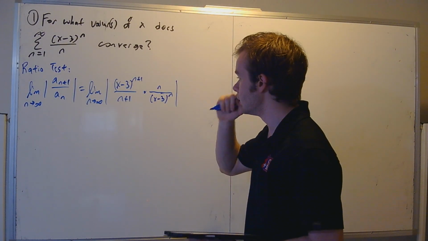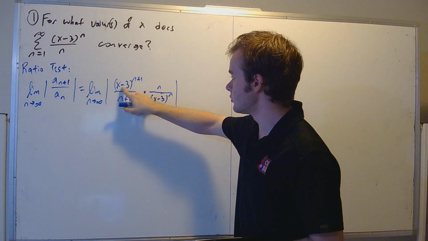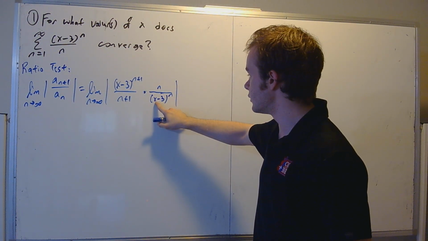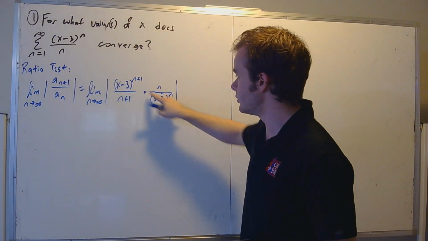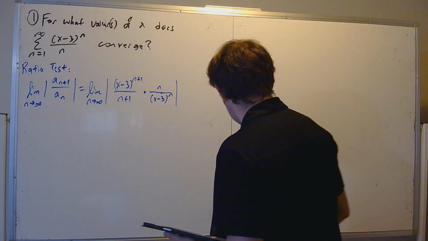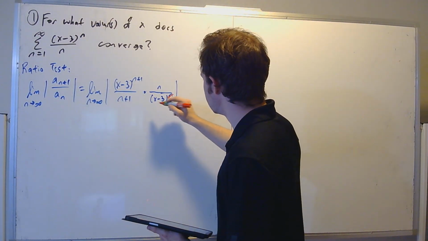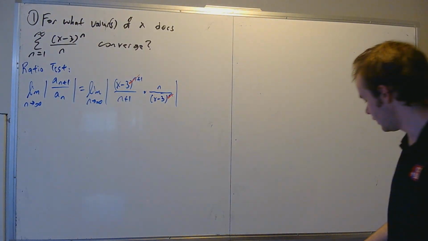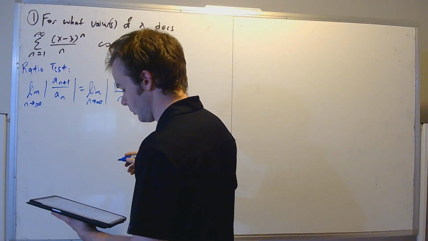And the key here is to always look for things that are going to cancel out. So this is x minus 3 multiplied by itself n plus 1 times, and this is x minus 3 multiplied by itself n times. So we're certainly going to get a lot of copies of x minus 3 canceling out with each other. So this x minus 3 to the n is going to cancel out with this x minus 3 to the n, and that plus 1 just means that we're going to be left over with x minus 3.